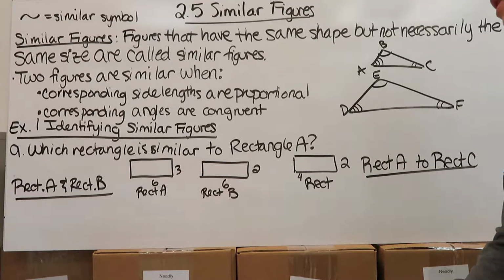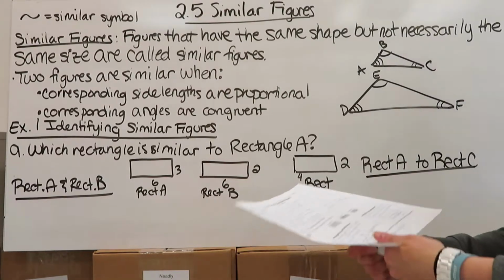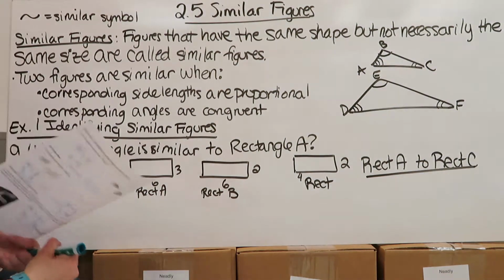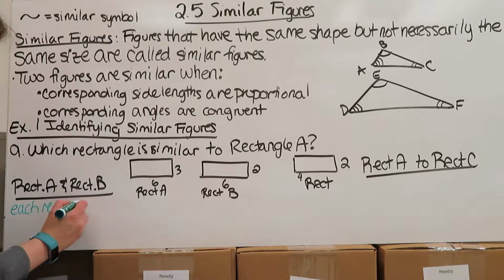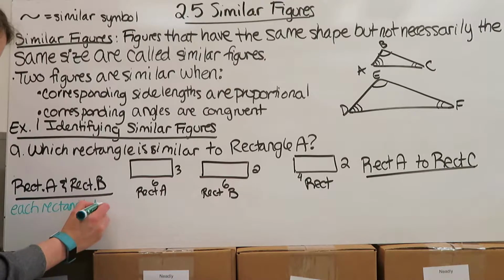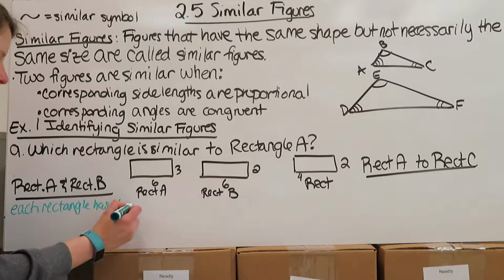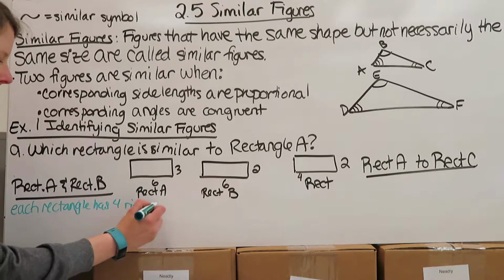A, which rectangle is similar to rectangle A? So we have rectangle A and rectangle B. So each rectangle has 4 right angles.